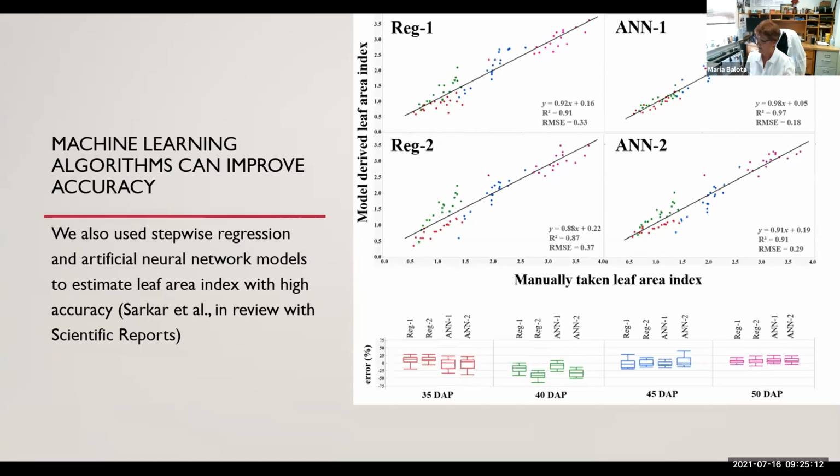Leaf area index is a measure of peanut vigor. And the data we obtained showed that indeed machine learning can provide models that are a little more accurate than stepwise regression, for example.